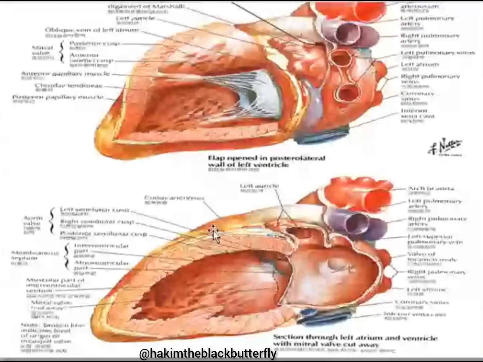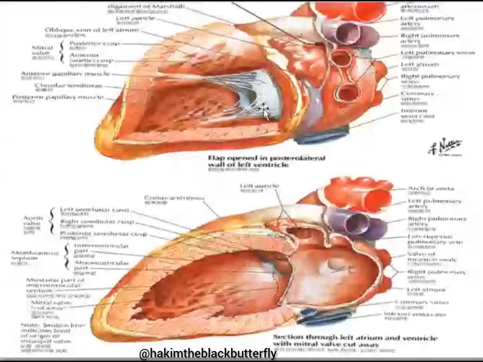We talked about the walls of the left ventricle and the walls of the right ventricle. And here we are looking at the bicuspid valve and the 2 papillary muscles. One is attached on the anterior wall and the other one is attached on the posterior wall. And the valves also have the anterior and then the posterior cusps.